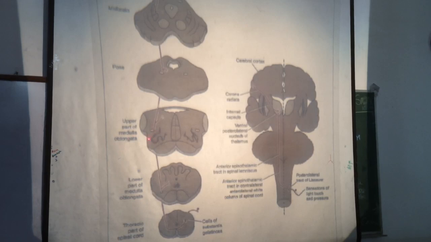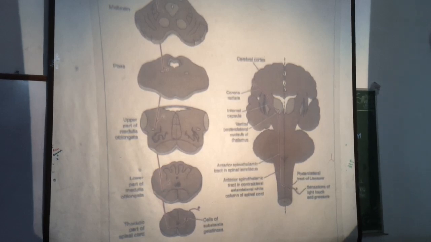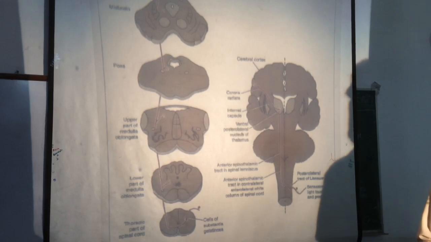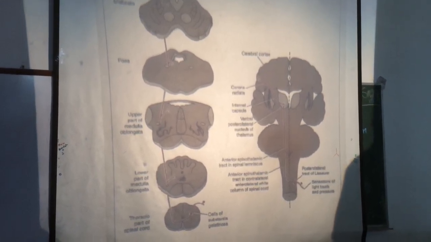Now the tract enters the medulla oblongata. In the medulla oblongata, this tract joins the spinal lemniscus.